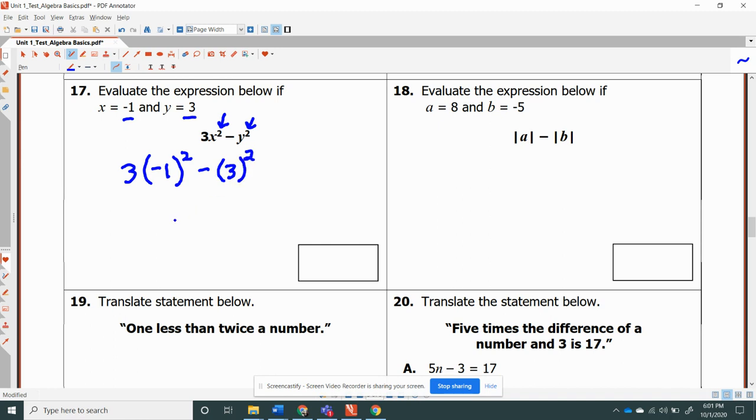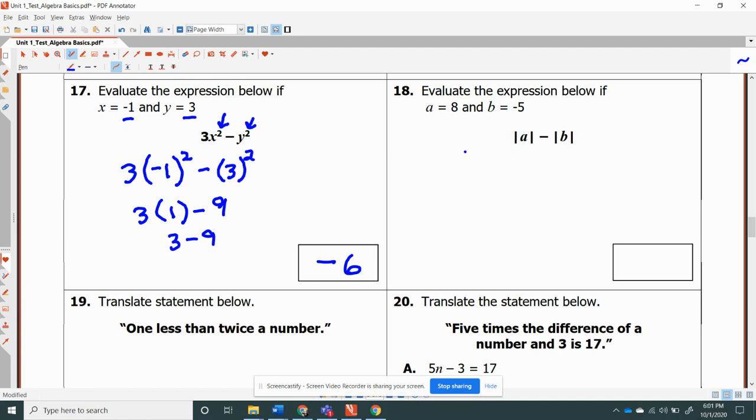Be very careful. So now we have -1 times -1 is 1. So we have 3 times 1 minus 3 times 3, or 3 squared, is 9. 3 times 1 is 3 minus 9. 3 minus 9 is -6.